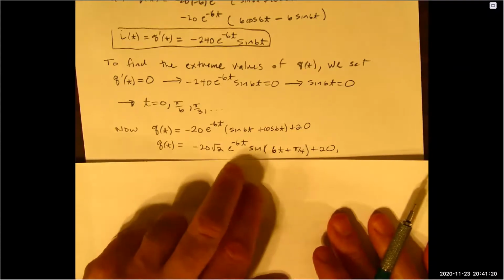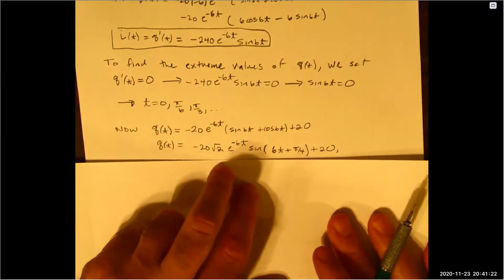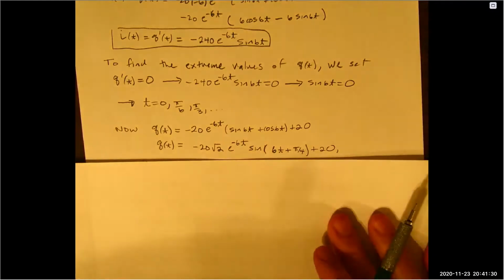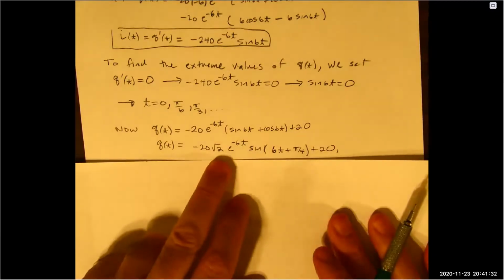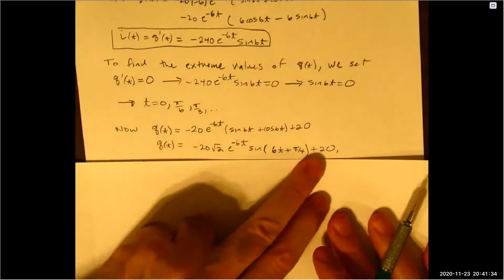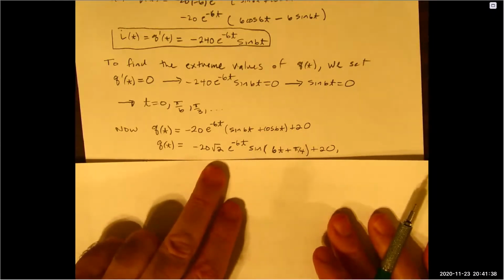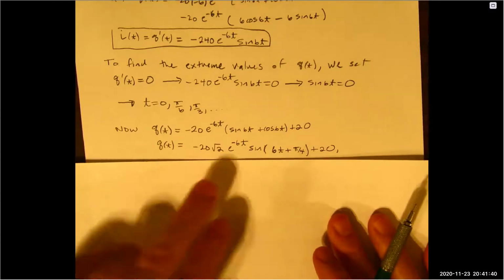All right, so what this means is that because of the e to the minus 6t, and the sine oscillating, over time the q of t is going to approach 20. So it's going to be oscillating above 20 and below 20, and then approaching 20 very quickly.